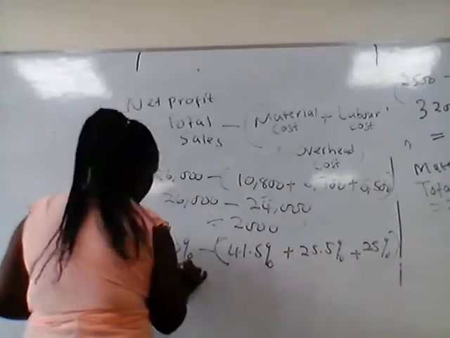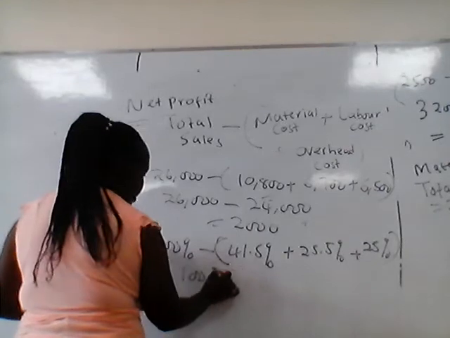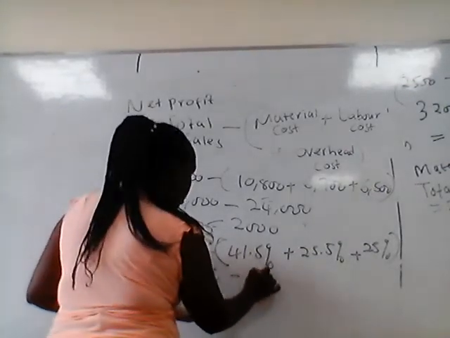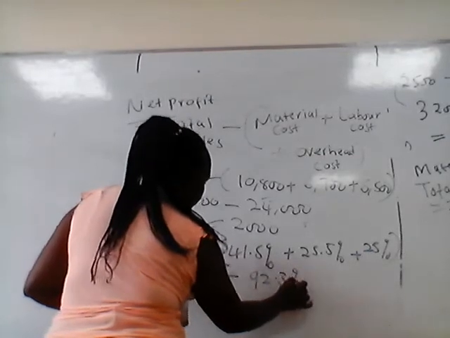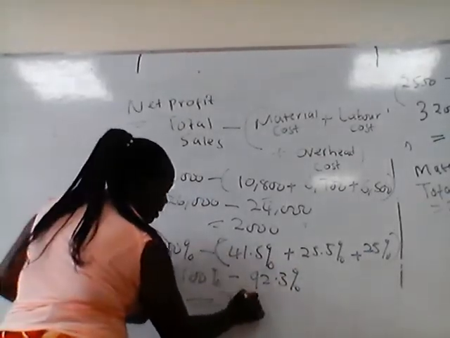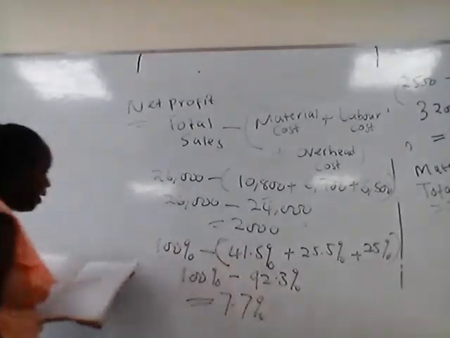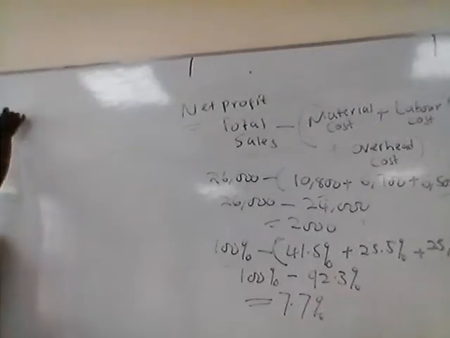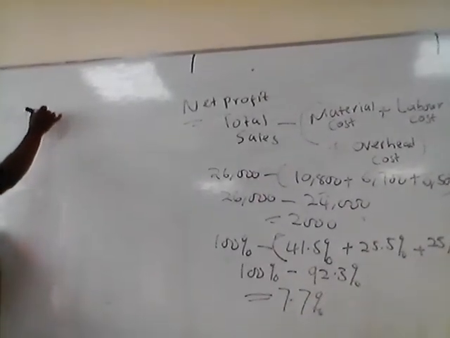What do we get? It will be 100% minus 92.3%. So our net profit will be 7.7%.